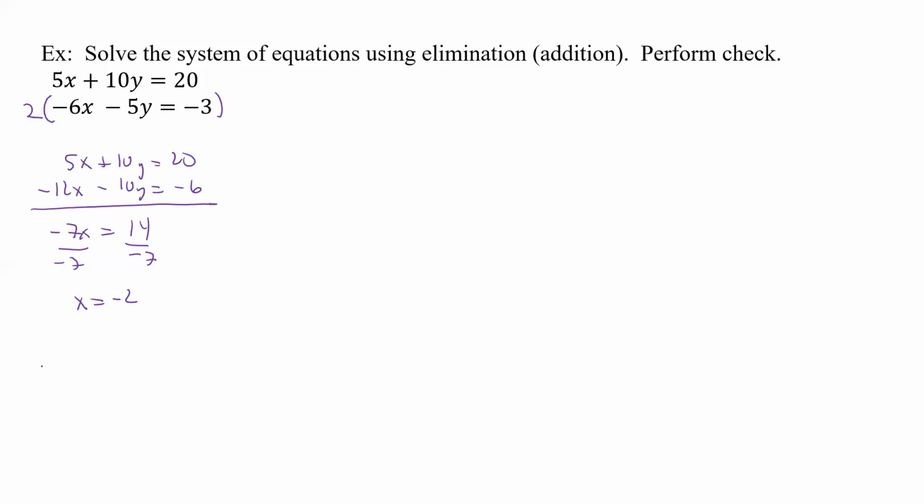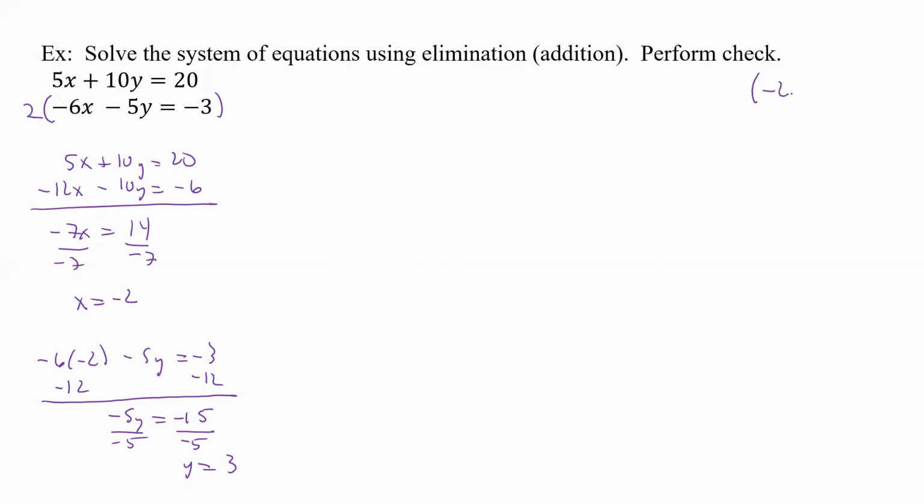So let's say -6 times -2 minus 5y equals -3. That's going to be a positive 12. So if we subtract 12, we get -5y equals a -15. Divide by -5. And we get y equals a positive 3. So now I'm saying my answer is -2, 3 for this system.